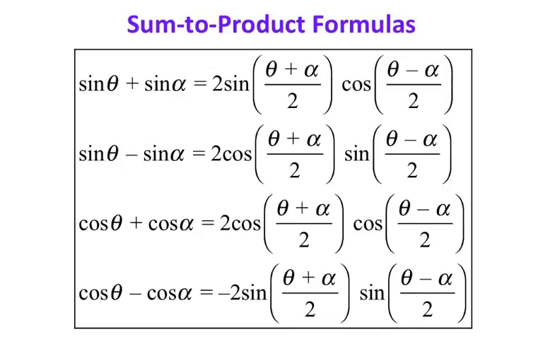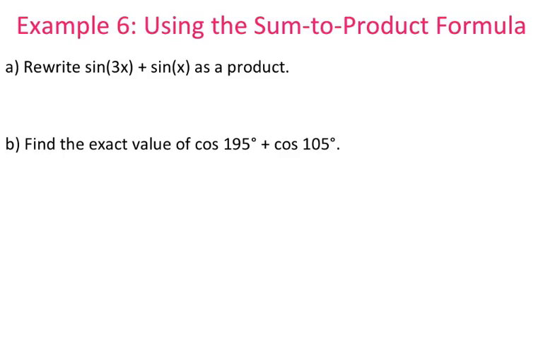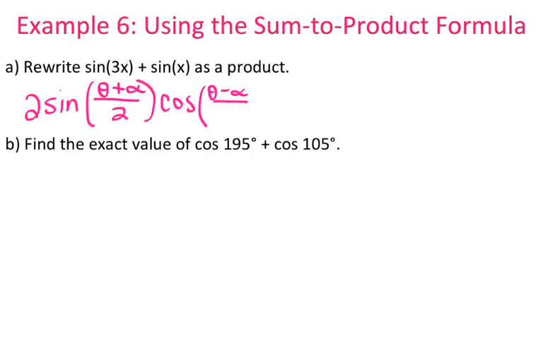The sum to product formulas are another set of formulas, so now you're adding or subtracting and you want to write it as a product. So now you're just using these sets of formulas. So write sine of 3x plus sine of x as a product. I'm looking on my formula sheet for sine plus sine, and that is equal to 2 sine of theta plus alpha over 2 times cosine of theta minus alpha over 2.